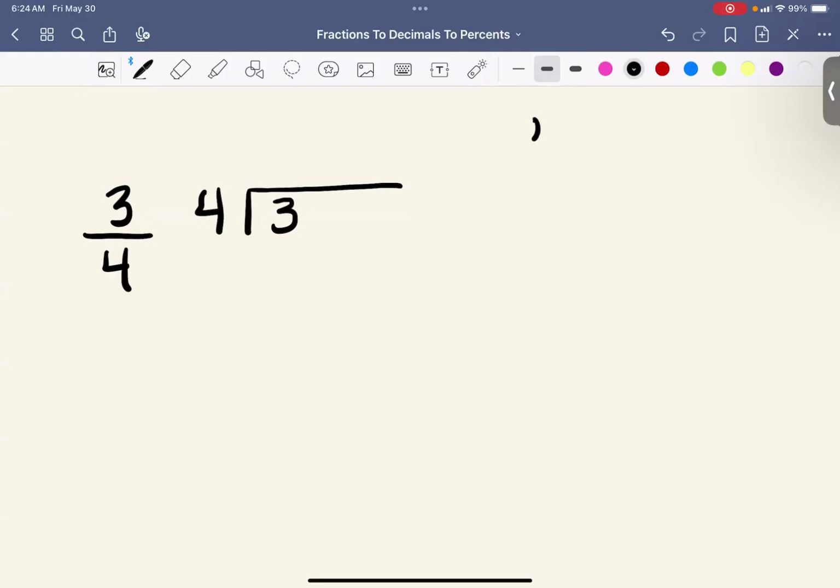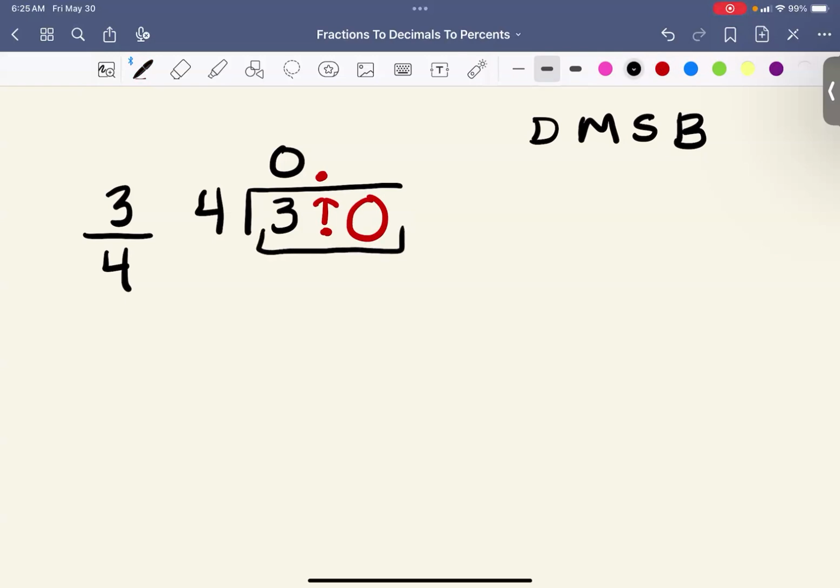I'm going to write my D, M, S, B. So now divide. 4 goes into 3 0 times. I want to keep dividing. I'm going to add a decimal, bring that decimal up, then add a 0. So now the new number is 30.